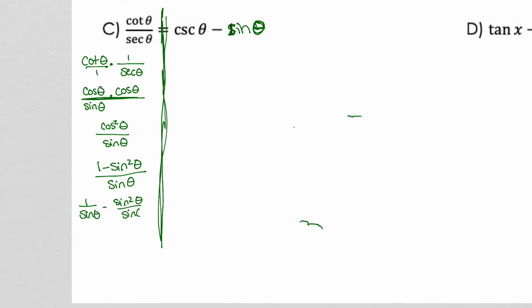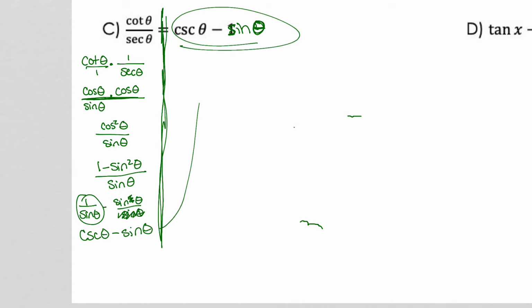See, this is where that's coming in. This equals cosecant minus, and I have a sine squared over sine, which eliminates the squared and the one on the bottom and leaves me with sine theta. And that is where I get this solution. I just realized that was a typo. I have it written on my paper with that change, and I forgot to tell you to make that change from the get-go. So this side equals that side, and we have verified that identity.